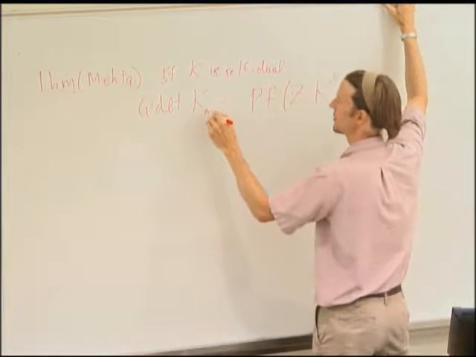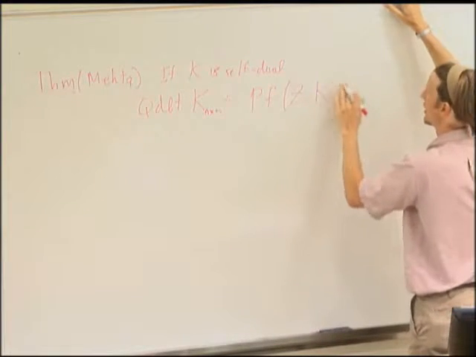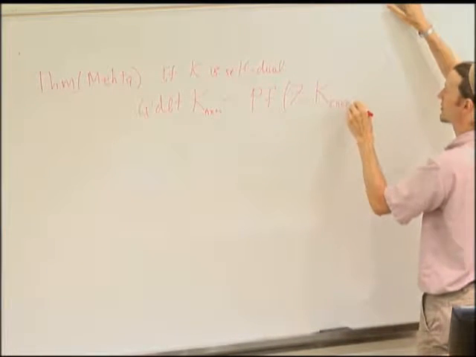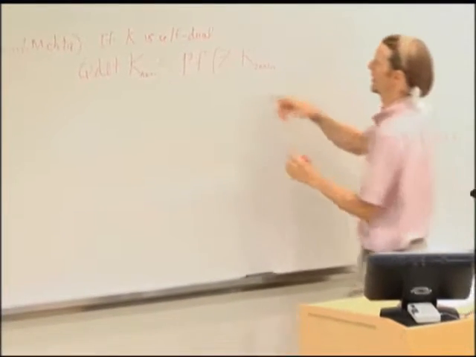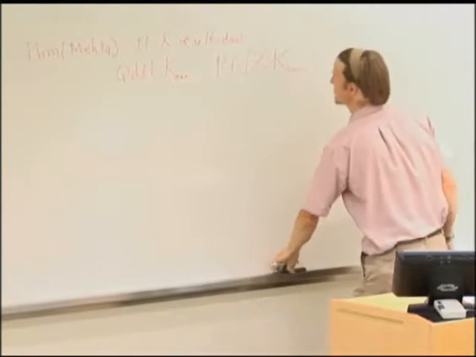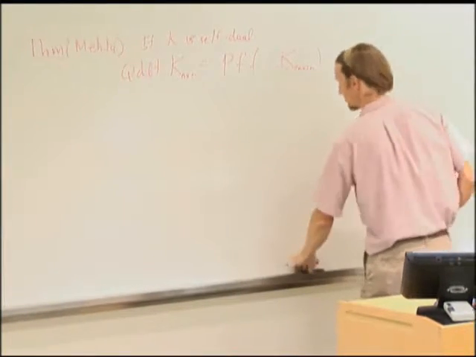If this is an n by n matrix, I can make a 2n by 2n matrix by replacing each entry with a 2 by 2 block. And this is not the same Z as you've seen before, so maybe I'll call it something else.